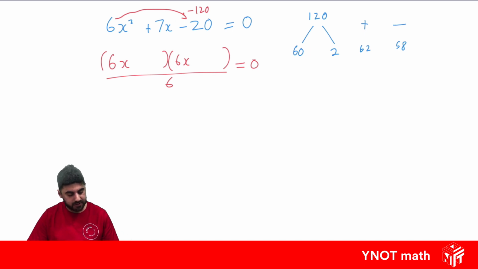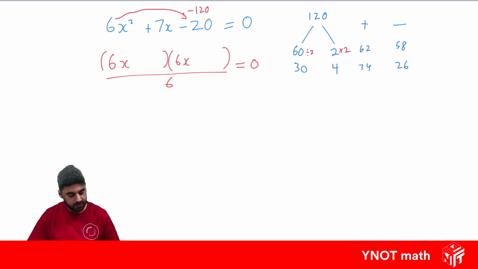To get more factors, you can divide one of the factors by a number and multiply the other factor by the same number. So I might divide this one by 2 and times this one by 2, and that automatically gives us more factors. We get 30 and 4, add them up, gives us 34. Find the difference, 26, none of those are 7, so they don't work.